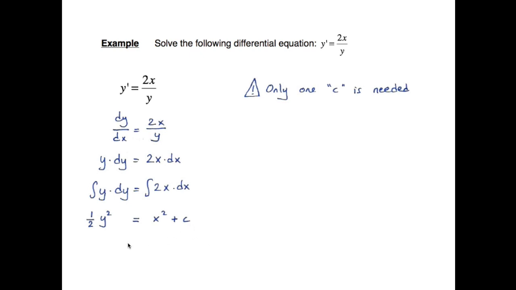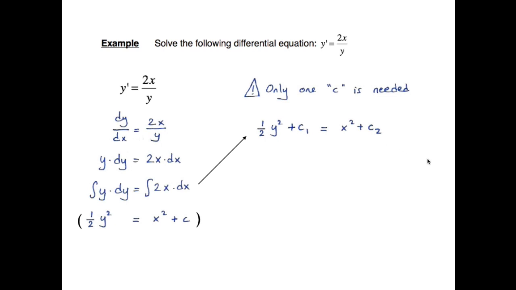c is needed. Why didn't I write here 1/2 y squared plus c2, for example? So here is the explanation. If I had done that, the integral of y dy really is 1/2 y squared plus a constant c1. The integral of 2x dx is x squared plus a second constant that I call c2.